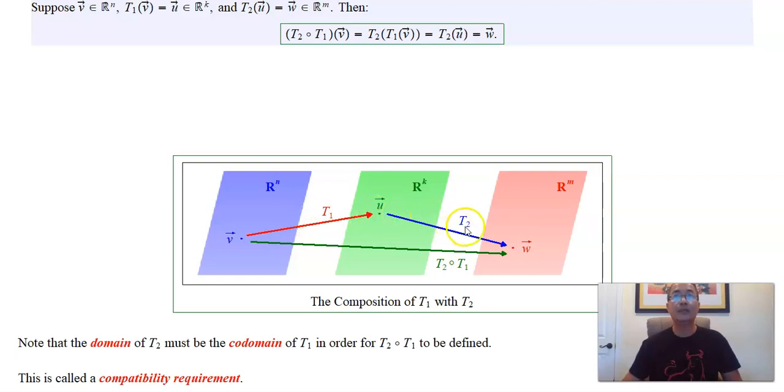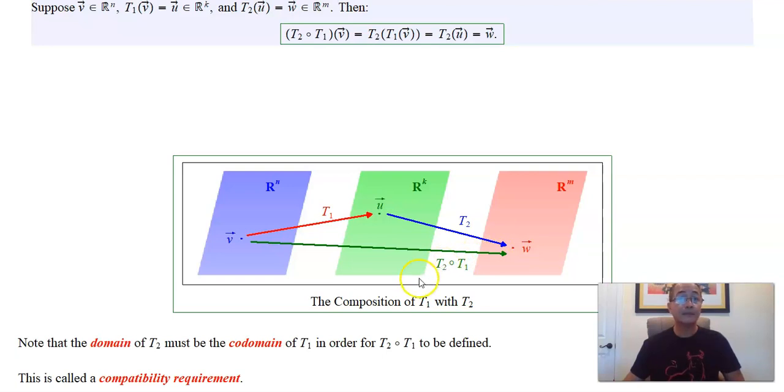We input u into t2. There's t2 of u, and we get the final vector w. So that transformation that starts with v skips over u and goes directly to w. That is the composition t2 composed t1.